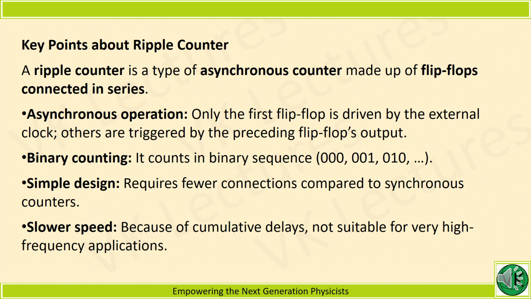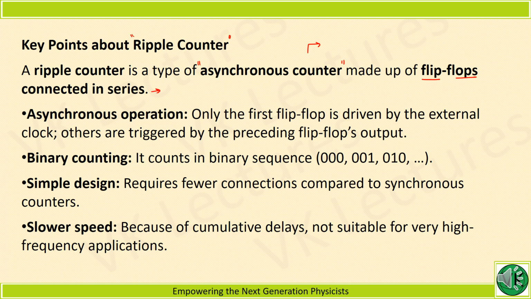Here are some key points regarding the ripple counter. A ripple counter is a type of asynchronous counter. There are also synchronous counters apart from the asynchronous one, and asynchronous counters are made up of flip-flops connected in series.